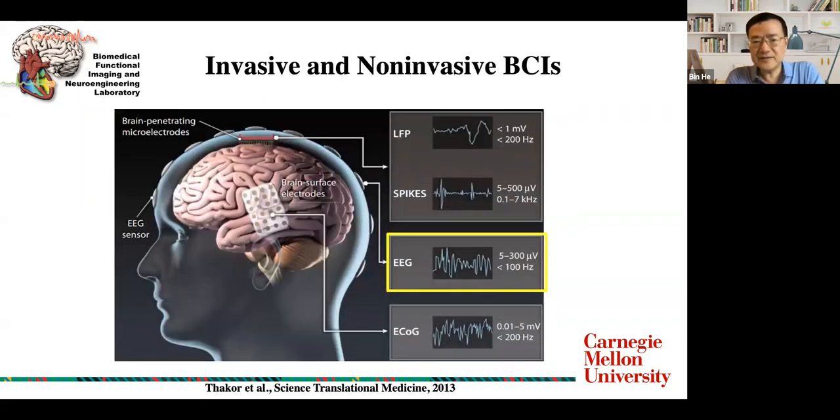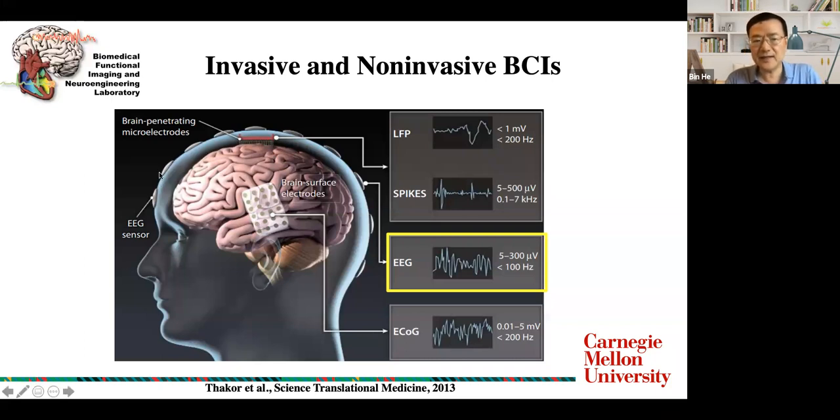There are various BCI or brain-computer interface technologies being developed so far. A simple way to group them is based upon the modality of recording technique. Invasive BCIs are those using intracortical electrode arrays, or epicortical subdural electrode arrays.